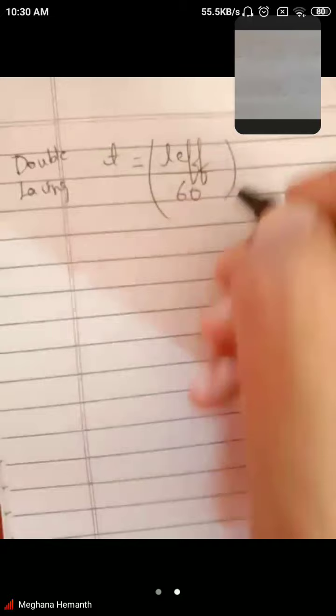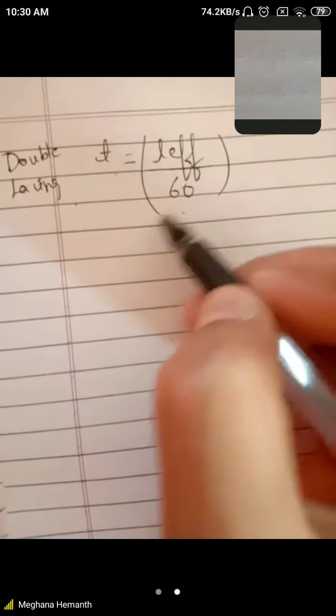Suppose the problem is on a double lacing system. For a double lacing system, the thickness is equal to effective length divided by 60. Now, which effective length do you have to take? You have to take the effective length of your double lacing system, which I got as 162.09.